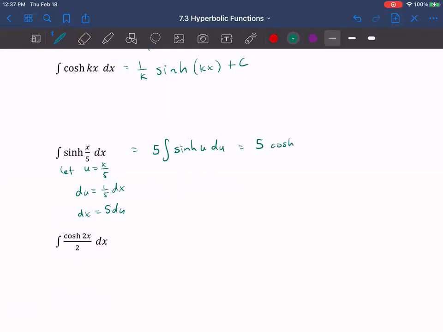Not cosh x. And plus c. And then we can just substitute u back in, so 5 cosh of x over 5 plus c.